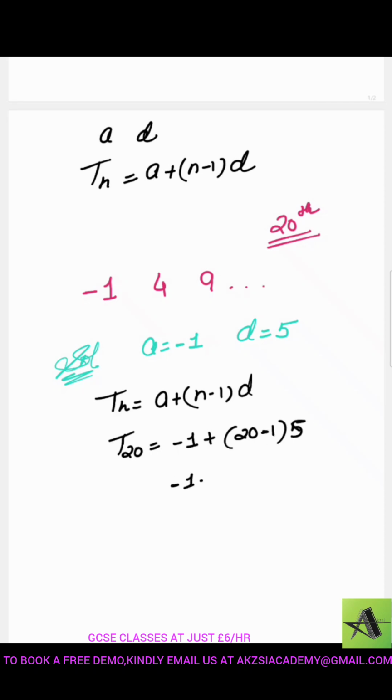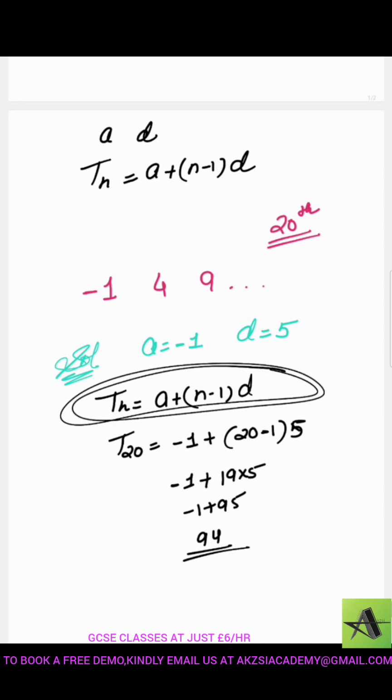So -1 plus 19 times 5. 19 times 5 is 95. So -1 plus 95 will give you 94. In this way, I can calculate that the 20th term is 94. For example, if they are asking you what will be the nth term, that's it, only the nth term.